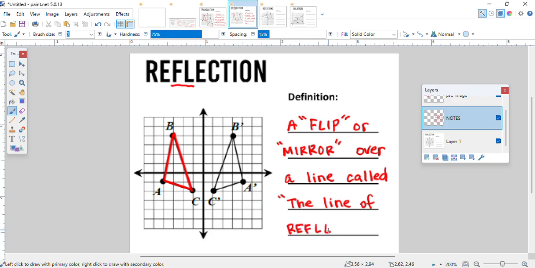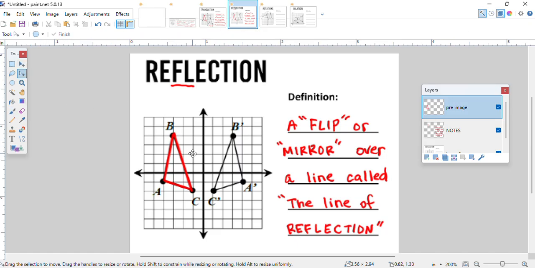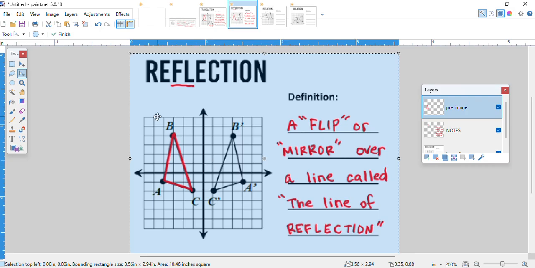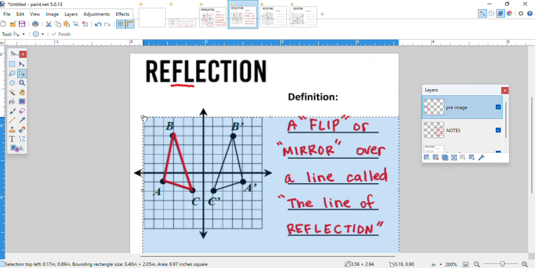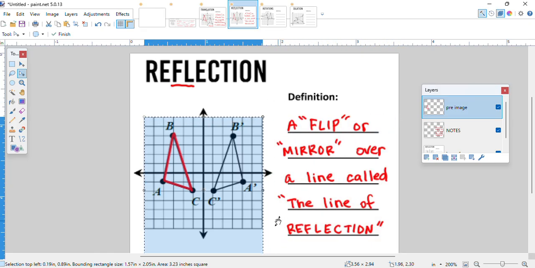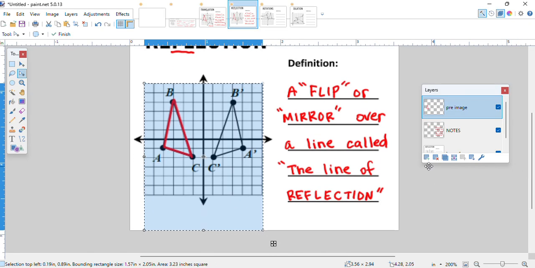So wherever we tell you the line of reflection is, that is where we are going to flip your figure or object over. I'm going to do my best to illustrate this. Digitally, whenever I flip it, it doesn't work quite the way it's supposed to, but I still want to show you to give you an idea. I am just going to purposefully select this spot here, and I want my line of reflection to be that little line right there.